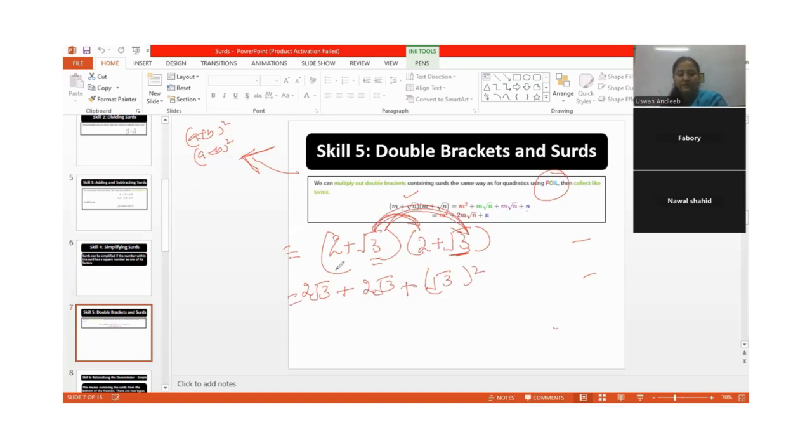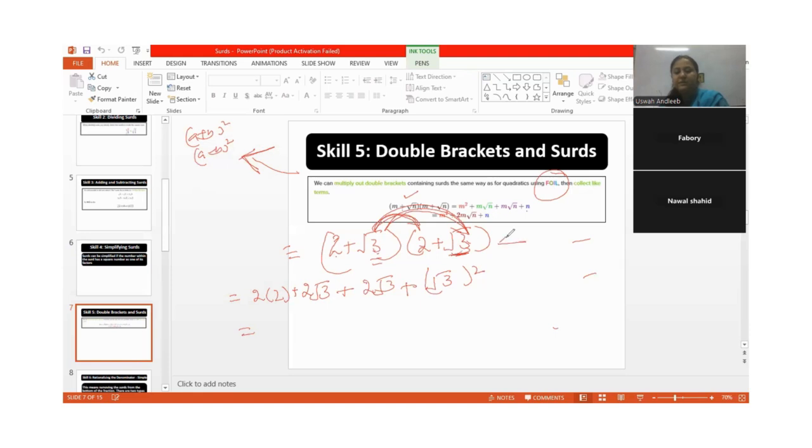Any terms remaining? 2. Oh, first is missing. Sorry. First I have to multiply this. 2 into 2. 2 into 2 plus outside, inside, last. Okay, so it's simple that I have multiplied this first, then 2 with under root 3, then I came towards the second number, under root 3 into 2, and under root 3 into 3.